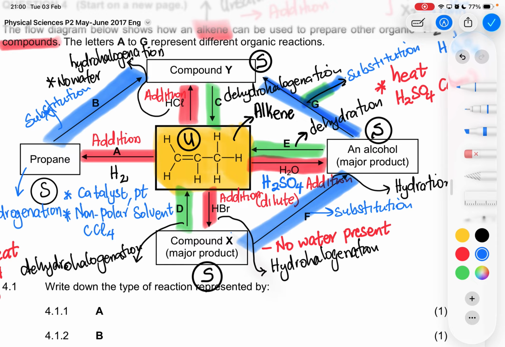From compound X to an alcohol. It's a substitution reaction. So what type of substitution reaction is this one?